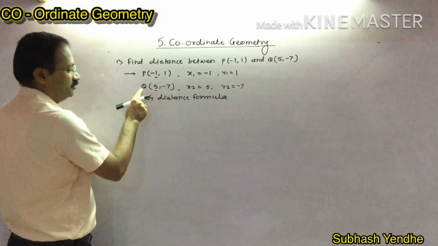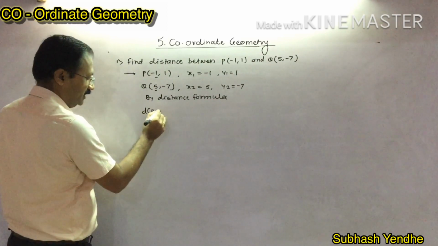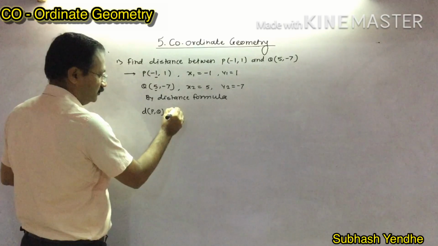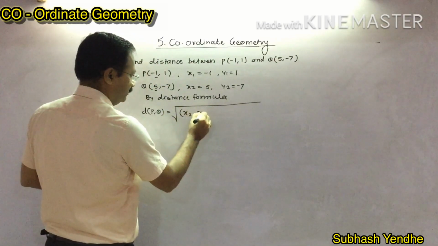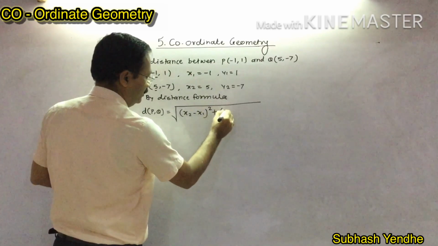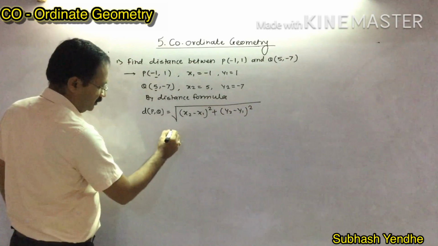Okay, so which distance are you going to find out? PQ. So you have to write distance PQ equals under root x2 minus x1 bracket square plus y2 minus y1 bracket square.